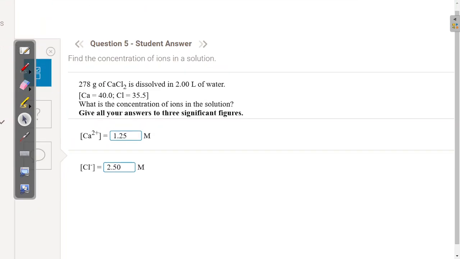Okay, 278 grams of CaCl2 is dissolved in 2 liters of water. What's the concentration of ions in the solution? C equals n over V. So we need to find the number of moles. We have the volume, so just the number of moles.